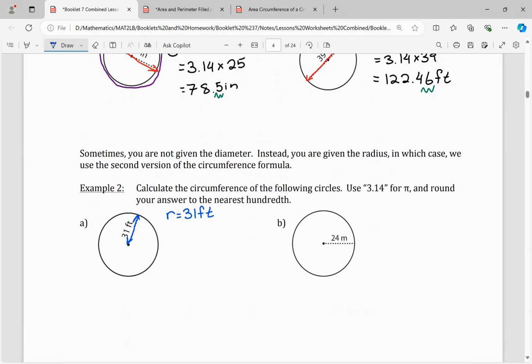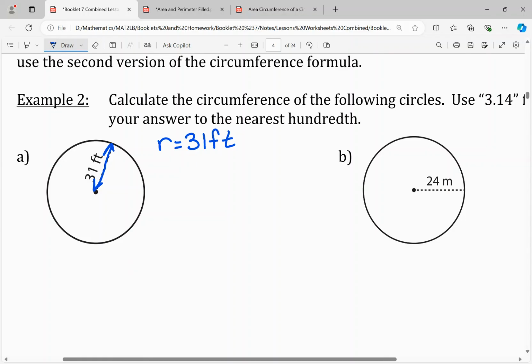And that equation, which I'm going to rewrite here, is circumference equals 2 times pi times the radius. Or if we would like to plug in our numbers, 2 times 3.14 times 31.